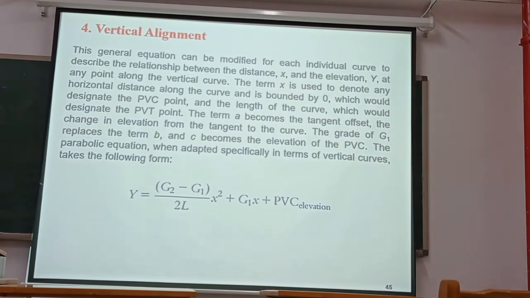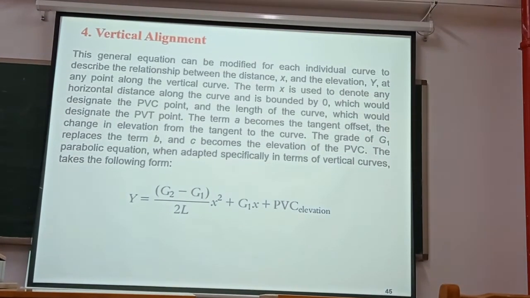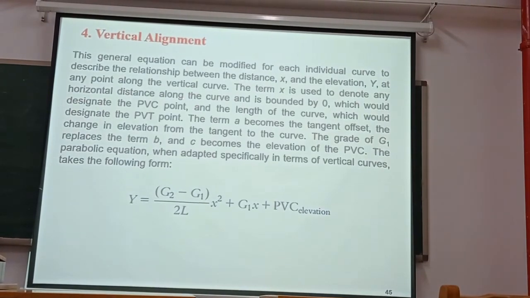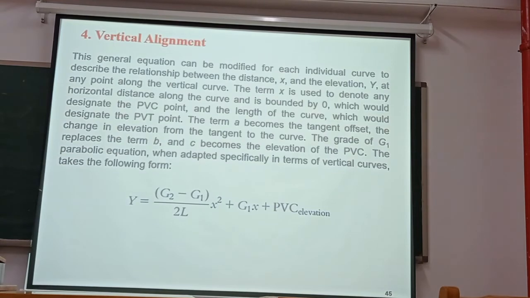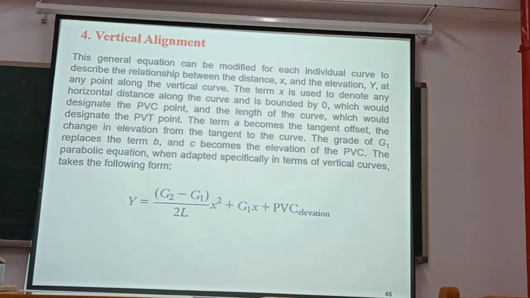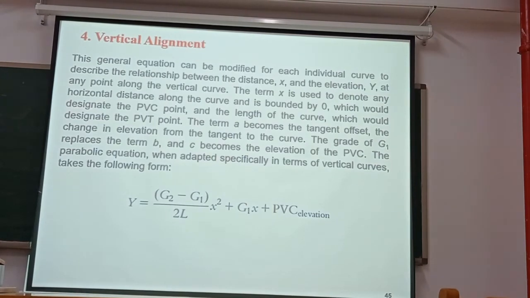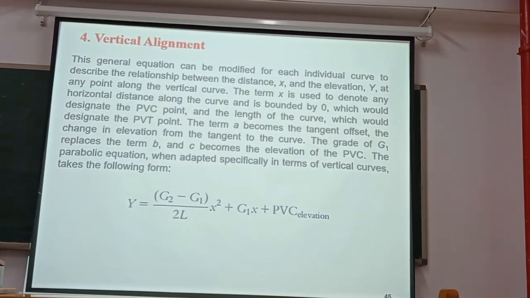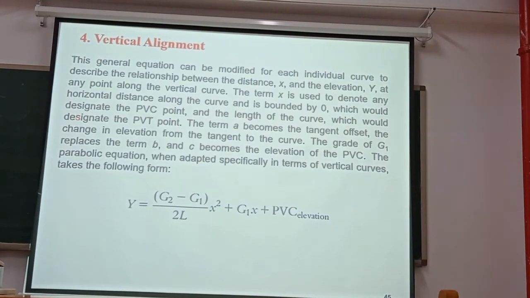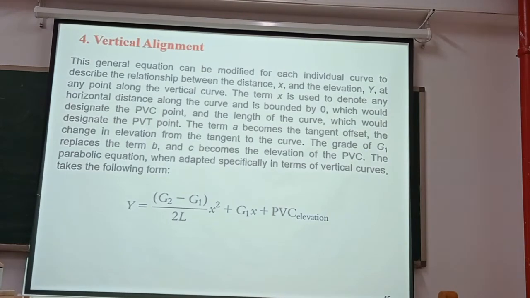The term x is used to denote any horizontal distance along the curve and is bounded by 0, which would designate the PVC point, and the length of the curve, which would designate the PVT point.